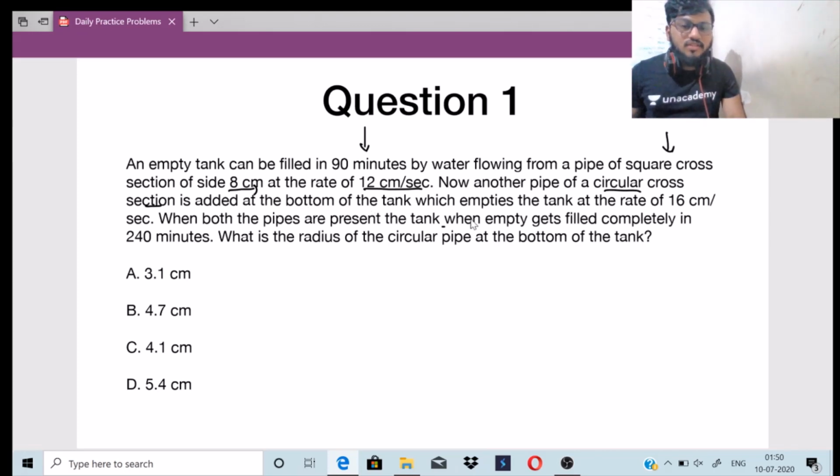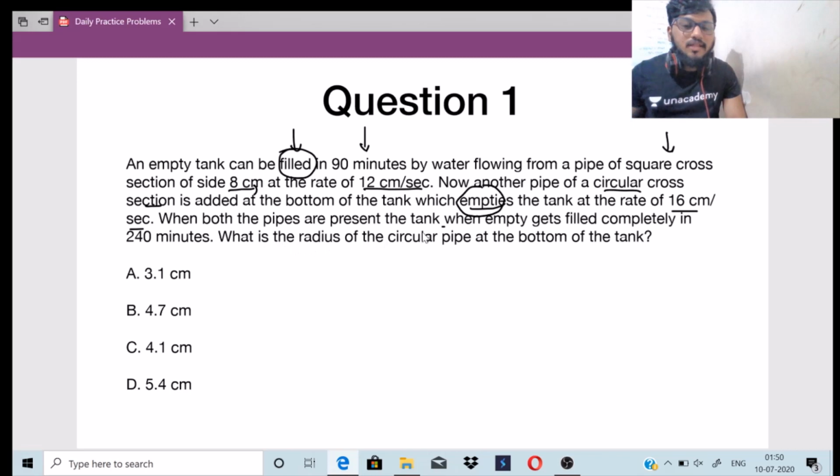The circular cross section pipe added at the bottom also empties the tank, while the square cross section pipe fills the tank. The circular cross section empties the tank at the rate of 16 centimeters per second.